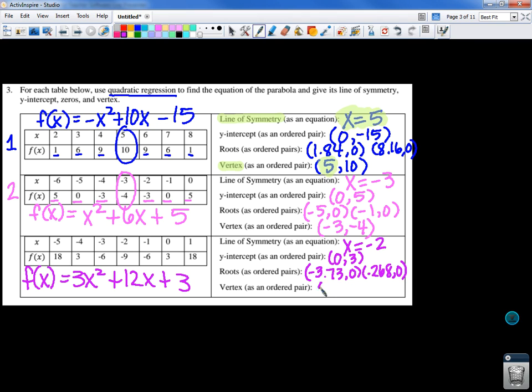And the vertex is at -2, -9. -2 for the x of the vertex is the same as the line of symmetry because the vertex is on the line of symmetry, and we hopefully recognize that this was the vertex because of the symmetry around it. -6, -6, 3, 3, 18, 18.